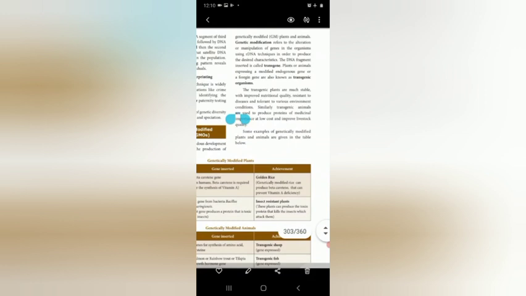So the definition given is: a plant or an animal which is expressing a modified endogenous gene or foreign gene is known as a transgenic organism.